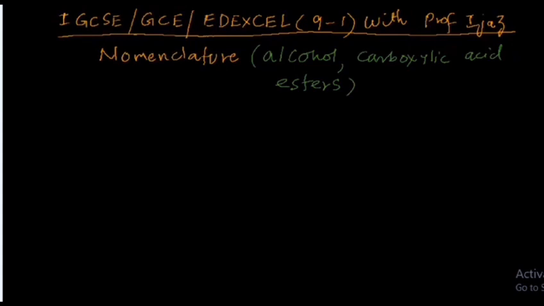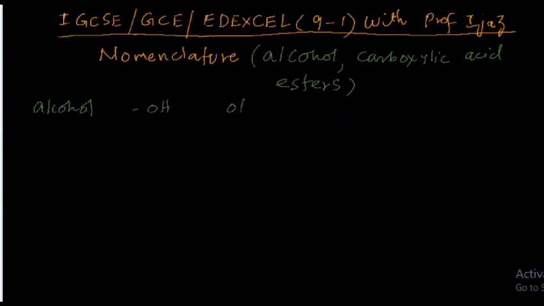Today we're going to discuss the nomenclature of alcohol, carboxylic acid and esters. Now, the alcohol functional group is OH. The functional group of the alcohol is OH and the ending code is OL.